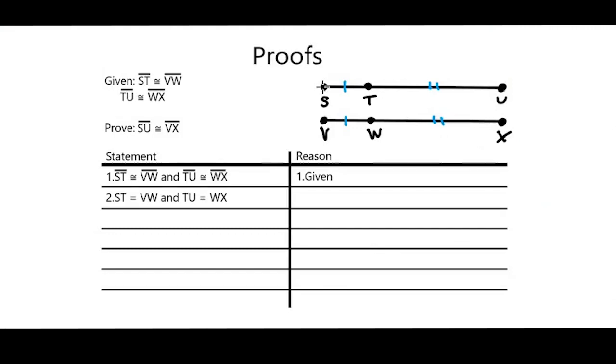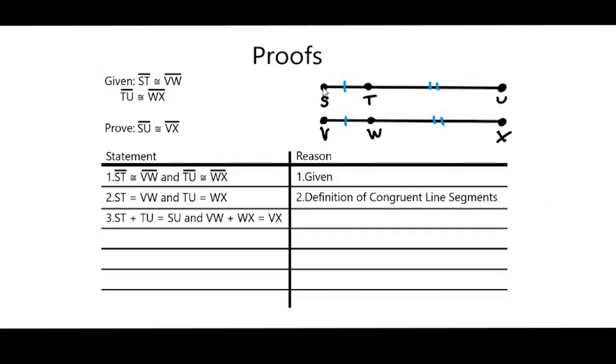Remember that the way you write the measure of line segments is simply to remove the bar from above the line segments. And that is the shorthand for writing the measure of a line segment. And the reason for that is definition of congruent line segments. Remember, the definition of congruent line segments says that if 2 line segments are congruent, they have the same measure.